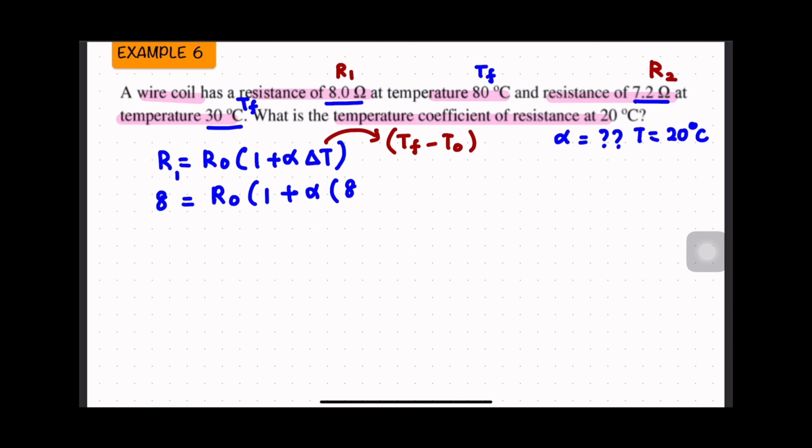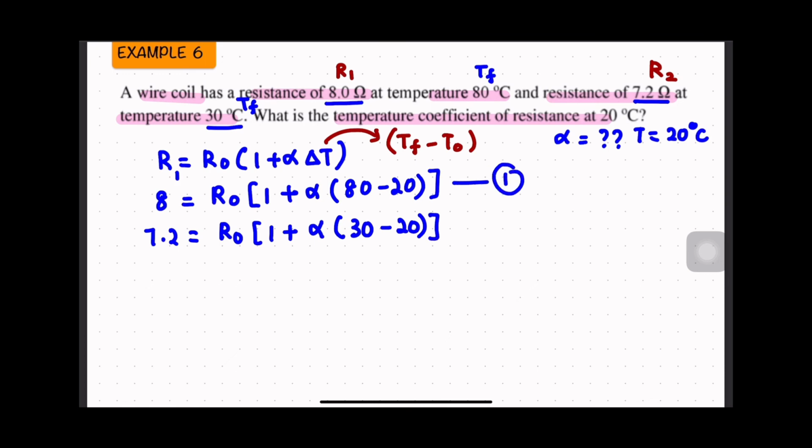Okay, 80 minus 20. Okay, next is 7.2 is equal to R0. Okay, 1 plus alpha. Temperature dia pada masa berapa, pada temperature berapa? 30 kan? 30 minus 20. Oh, macam tu. So, ni adalah equation number 1. Ni adalah equation number 2.